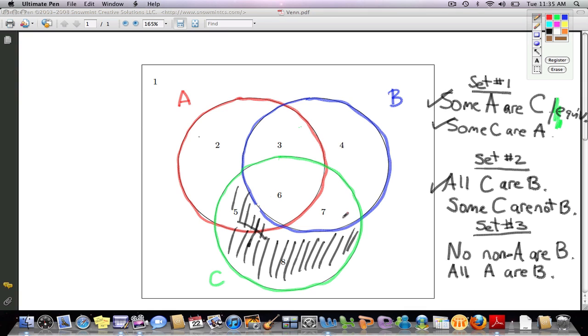In the first case I have nothing that is C and not B, nothing in areas 5 and 8, and the second case says the exact opposite. Yes, I do have something that is C and not B. Probably it's also clear at face value by looking at these two claims, and you also want to keep in mind this intuitive thing, that these claims in fact are contradictory.